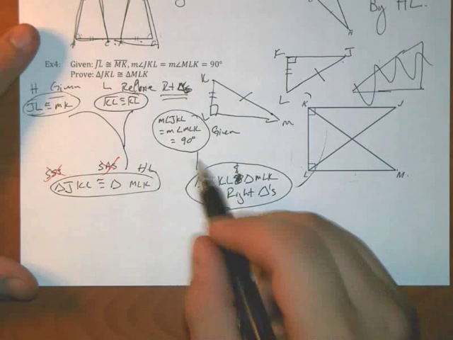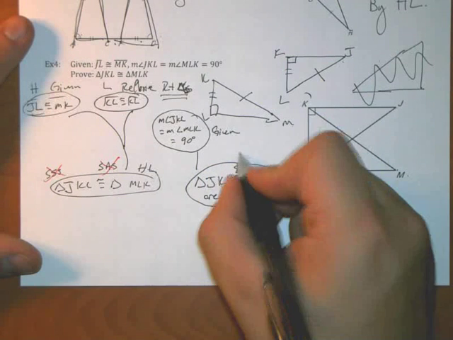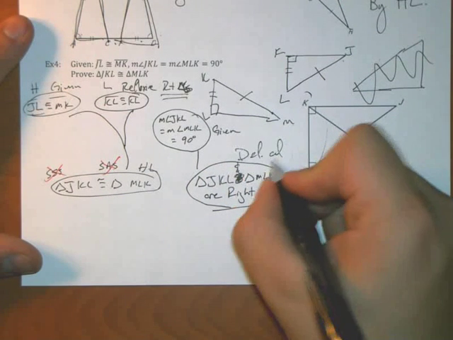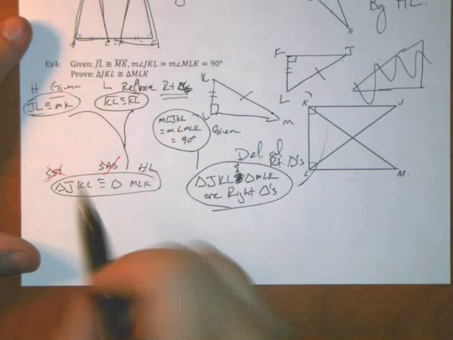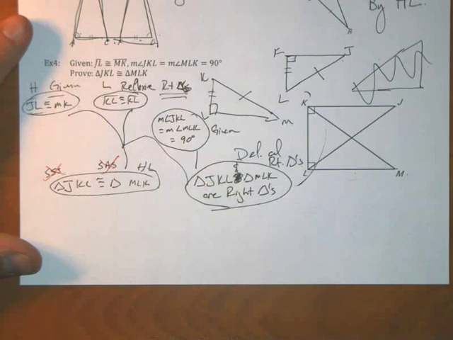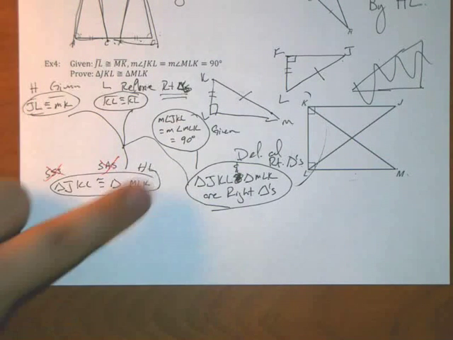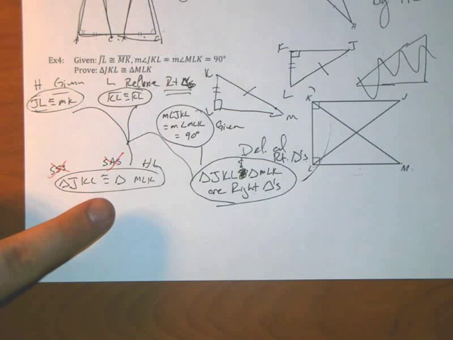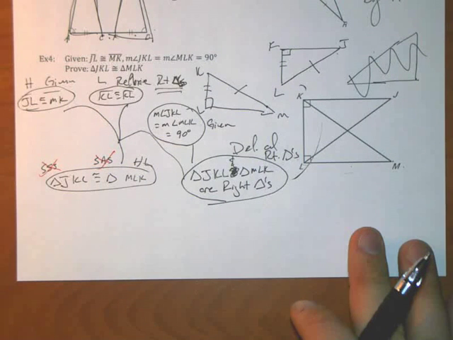Why are they right triangles? Because they have right angles. That's the definition of a right triangle. Since I have a congruent hypotenuse, a congruent leg pair, and right triangles, I can use hypotenuse leg to show that these are congruent.